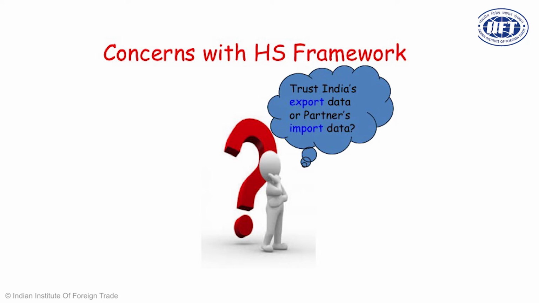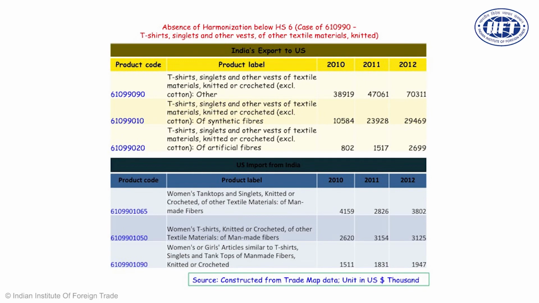The answer is yes, there are. I'll look at one practical example in this particular slide. We look at one particular data series, which is India's export of T-shirts, which come under HS 610990, to the US, and we look at the import of the same product over a period of time.